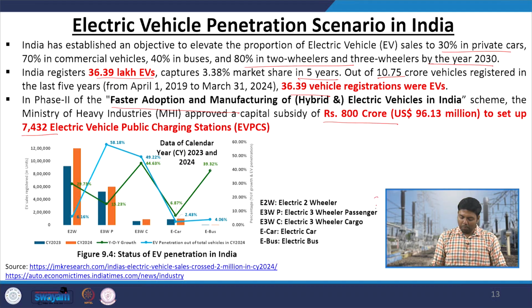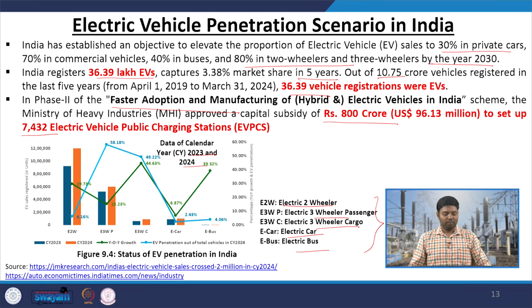This is the typical bar graph you can see, which represents how much EV penetration we have in electrical two-wheelers, three-wheelers, cargo, then car and bus. We can see that each and every year from 2023 to 2024 we have a good amount of electric vehicle penetration in our system, and we keep on increasing it.